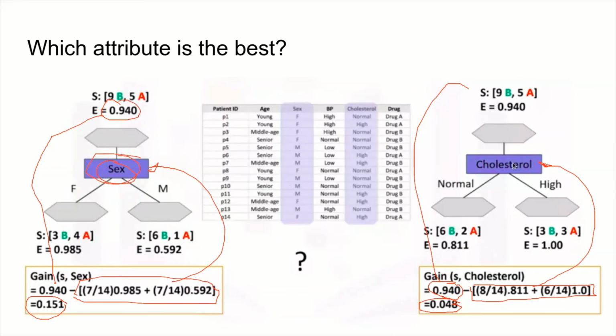Eso no sería 0, la información que nos da. Yes, it will be 0. Yes. ¿Por qué? Porque pues es un ID. No tiene nada que ver la droga que se le da a un paciente con su ID. Yes. And take a look at this. Porque son todos los valores diferentes. Ajá. Pero además, si escogemos esto, tendríamos 14 ramas, ¿cierto?